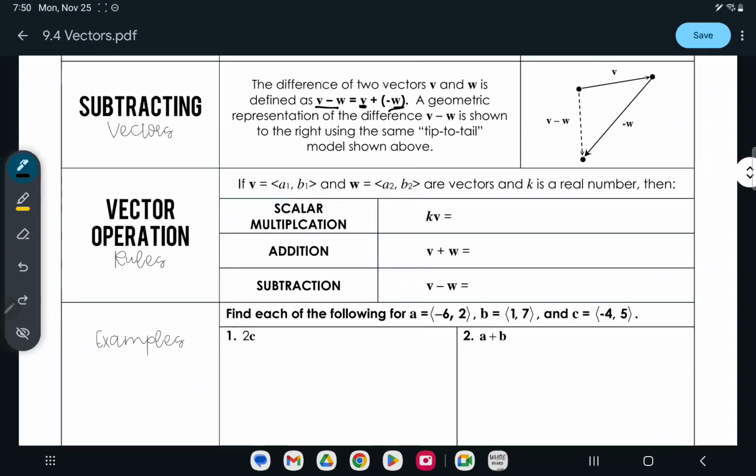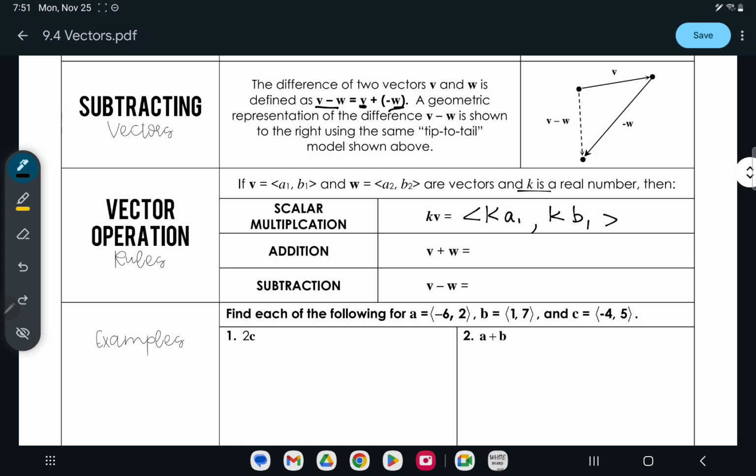All right, here's some rules. So if we have a vector V being A1, B1, and W being A2, B2, with K being a real number, if we're going to multiply it, we're going to multiply everything. So we're going to do K times A1 and K times B1.